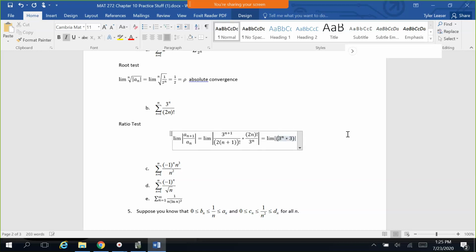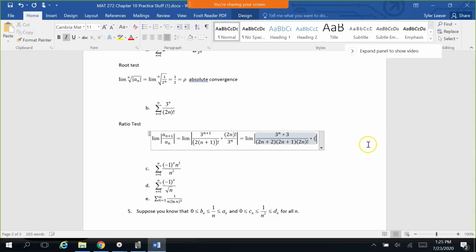It's going to be that divided by, so in that denominator down there, I want to distribute the 2 into the n plus 1, and then rewrite that factorial as 2n plus 2 times 2n plus 1 times 2n, and then I'll put the factorial. The other fraction I'm just going to leave alone because I already have enough stuff to cancel that stuff out.